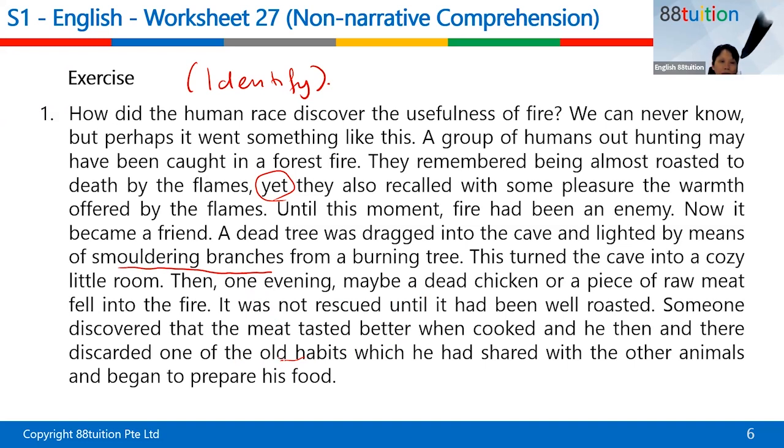So what they're saying here is that the old habit of men in the past was to eat animals without cooking. Now it accidentally fell into the fire, it became roasted, and when he eats it, it's very nice. It tastes much better. That's the meaning of this whole sentence here. Discard means thrown.